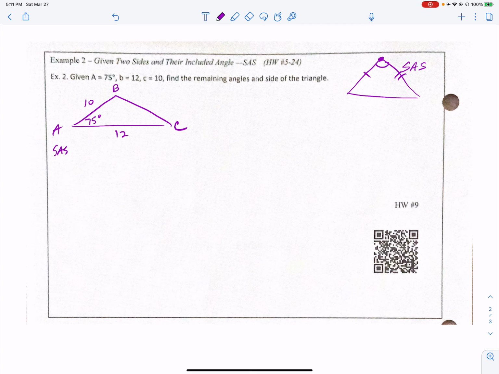When you have this angle, we're going to work with its opposite side, and we are going to set it up where that opposite side is the one being squared over here. And then it's the 2 including sides that we square and add up. It really doesn't matter which one's first and which one's second.